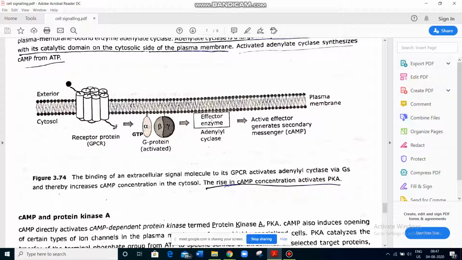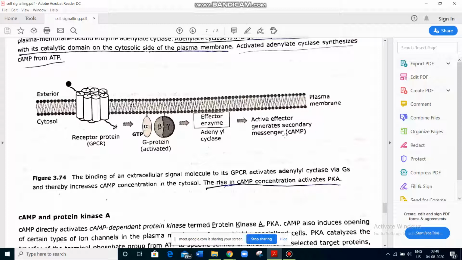After activation, the adenylyl cyclase, which is also called the effector enzyme, will actively generate the second messenger, cyclic AMP.